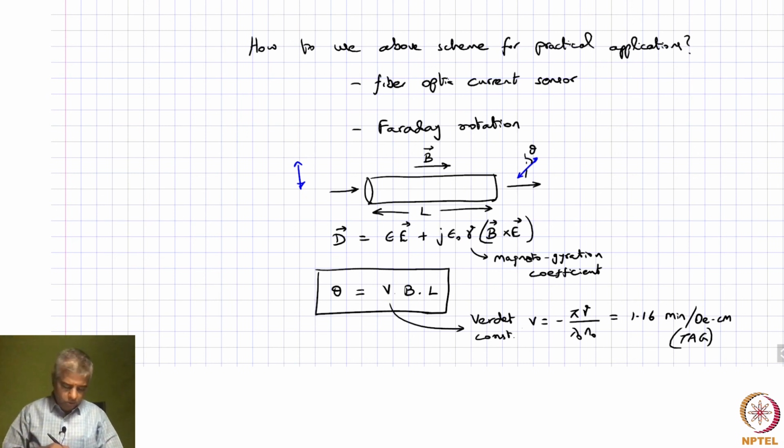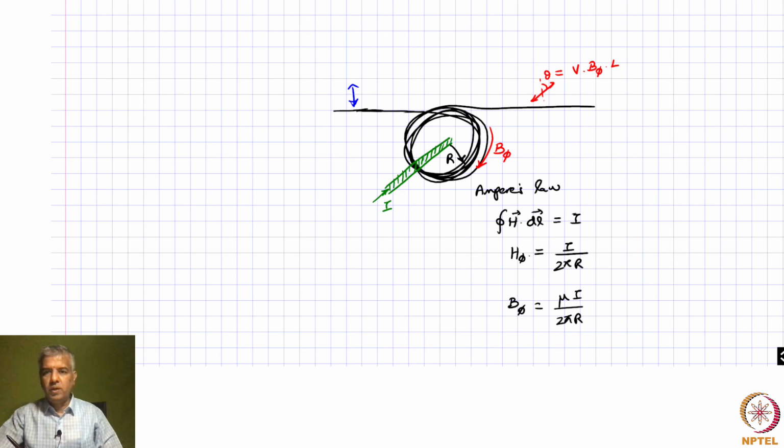But if you want to achieve the same rotation in fiber, because the Verdet constant is so low, you have to compensate with L.